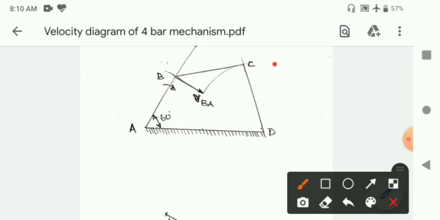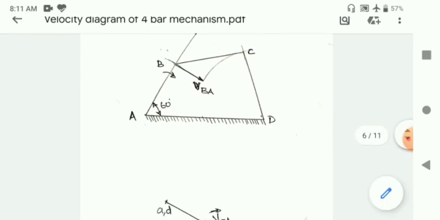We know that the line of action of velocity of C relative to D will be perpendicular to CD. That means what you do is from C you draw a line perpendicular to CD. You can extend that line on either side of CD.